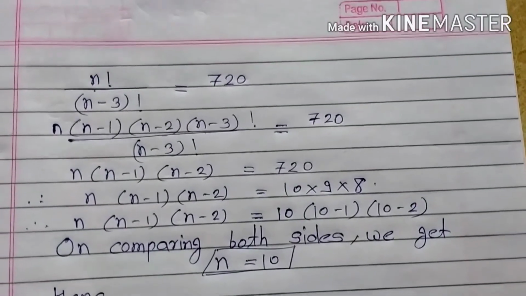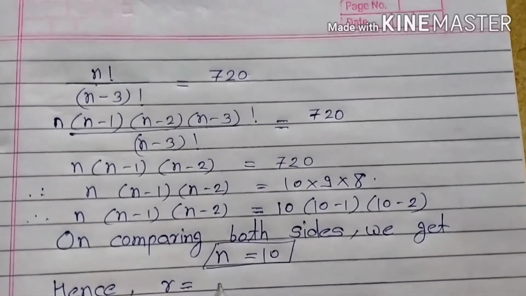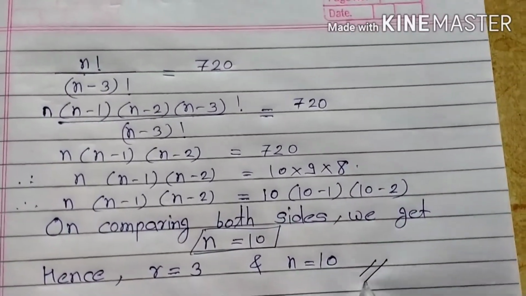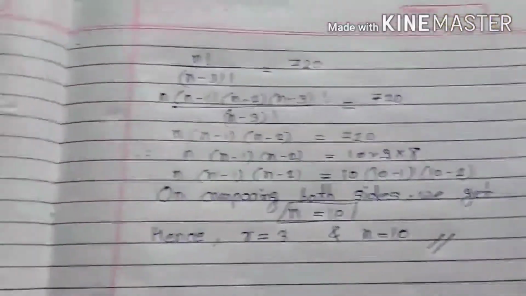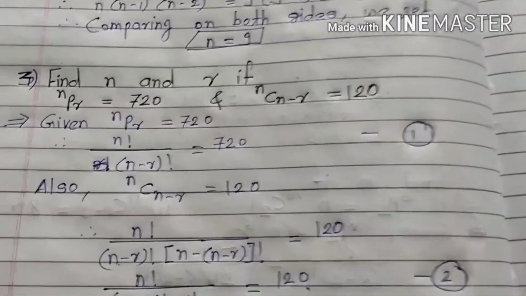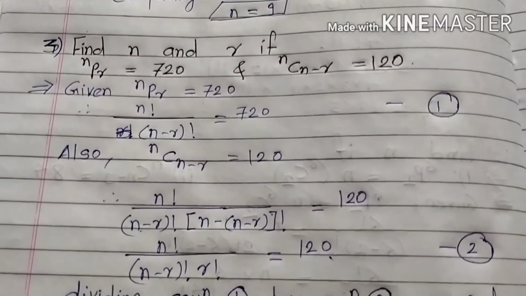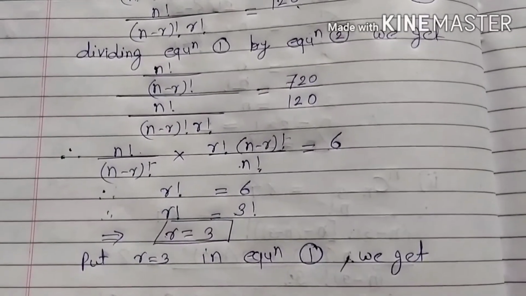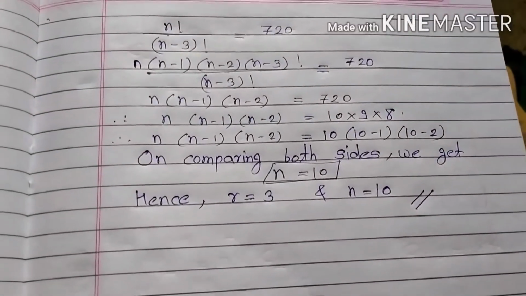Hence r is equal to 3 and n is equal to 10. So this is our answer. By using the formula of permutation and combination, we find our answer: r is equal to 3 and n is equal to 10.